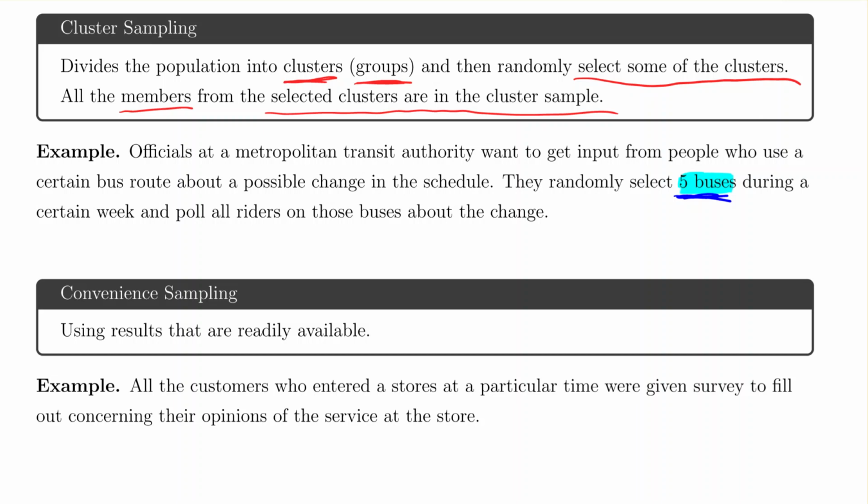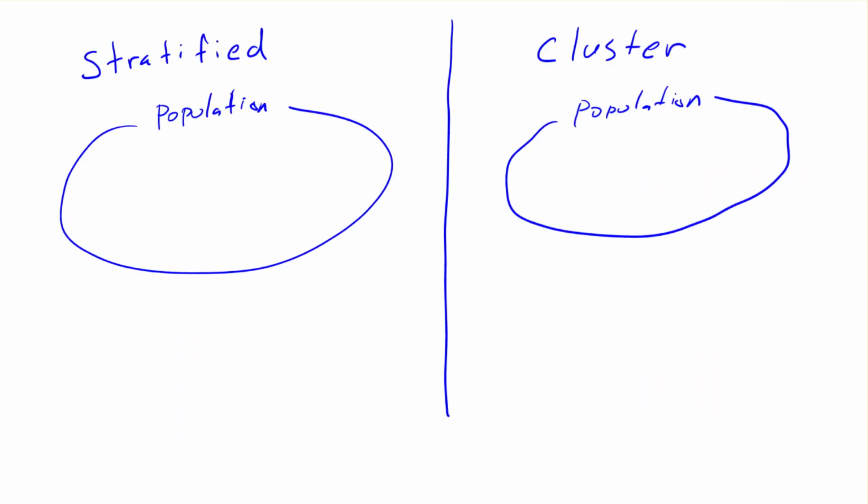Both cluster and stratified sampling use groups, but we should not get confused between these two. Let me explain the difference. In stratified sampling, we divide the population into certain groups. Let me do it this way.